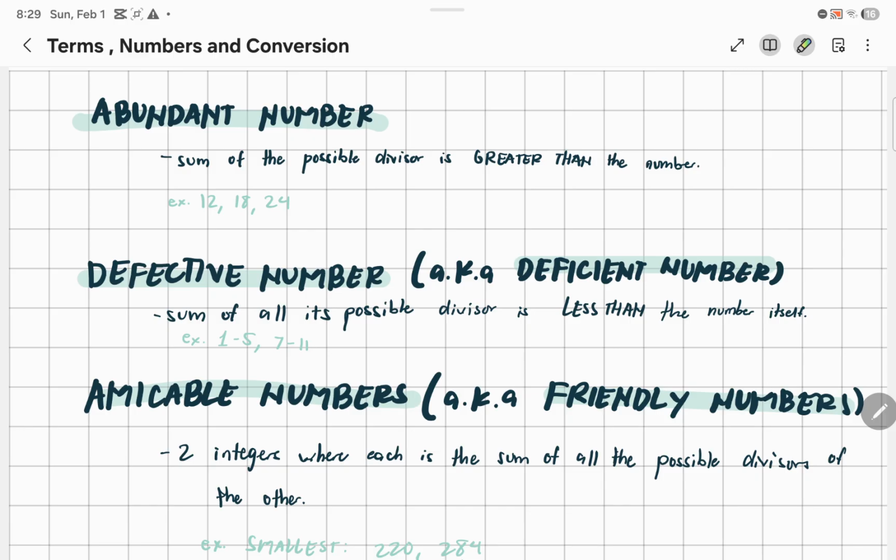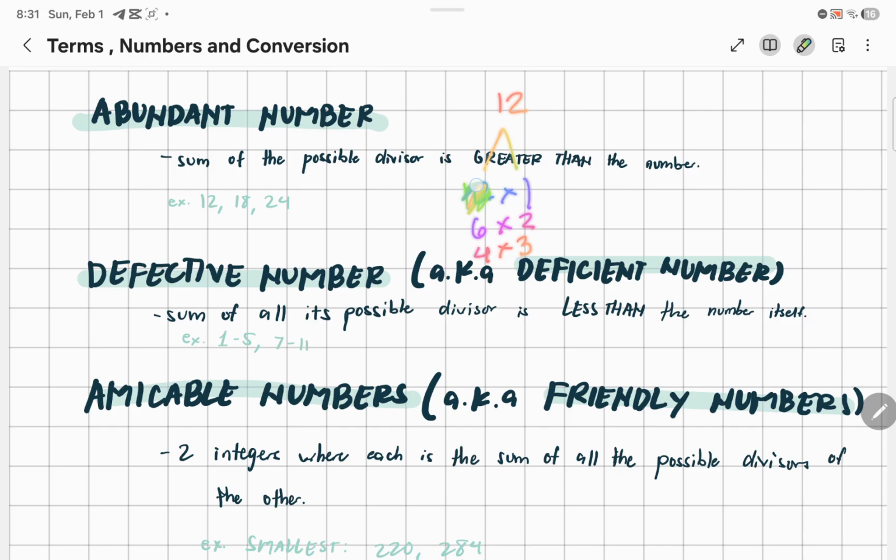The sum of the possible divisors is greater than the number. For example, we have 12. We all know 12 has factors: 12 times 1, 6 times 2, and 4 times 3.